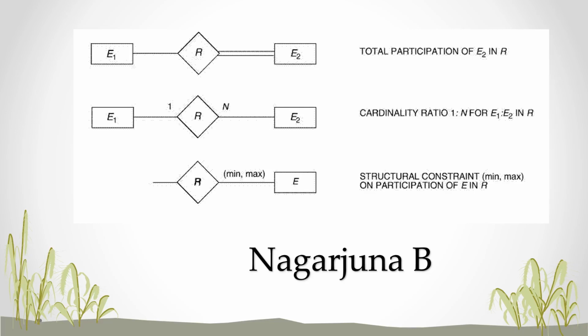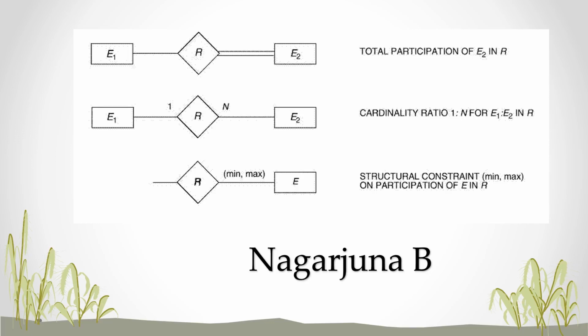Next one, the diagram which indicates the cardinality ratio of 1:n for a relationship R from E1 to E2. That means E1 is an entity and E2 is an entity, whereas R is a relationship between E1 and E2.